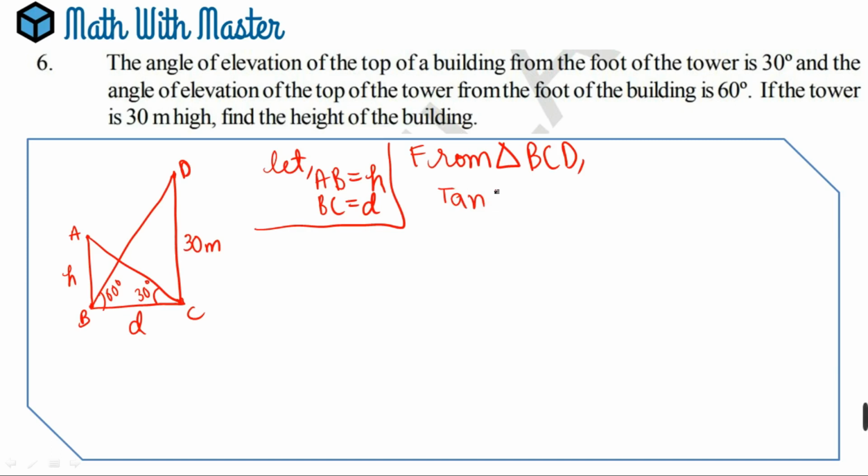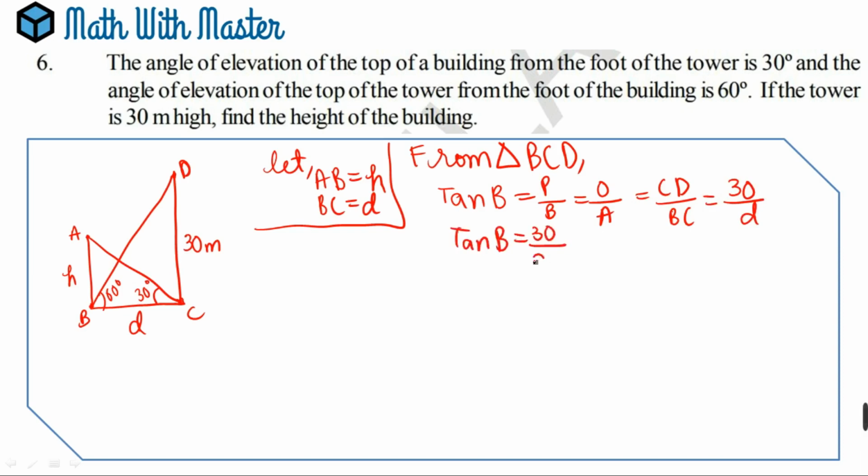So in triangle BCD, tan B is equals to perpendicular upon base, which is also opposite upon adjacent, which is CD upon BC, which is the value of CD, 30 meters, upon the value of BC, which is D. So tan B is equals to 30 upon D.